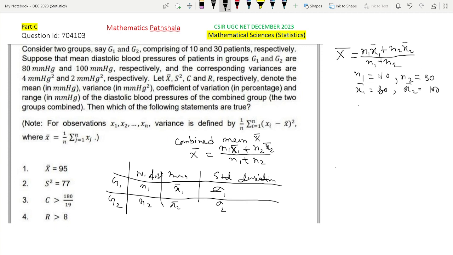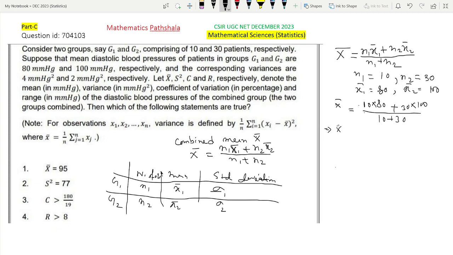We get all these values, so now we can easily calculate the combined mean. 10 into 80 plus 30 into 100 divided by 10 plus 30.